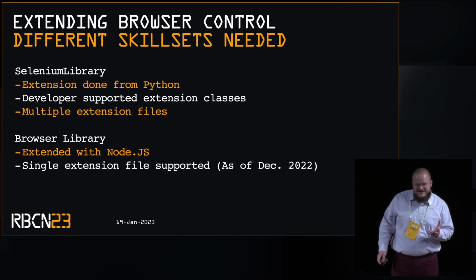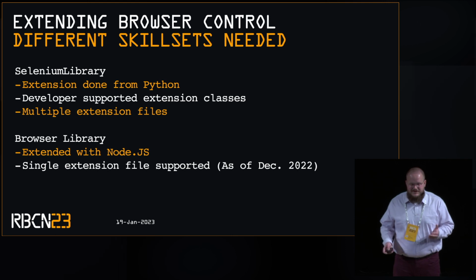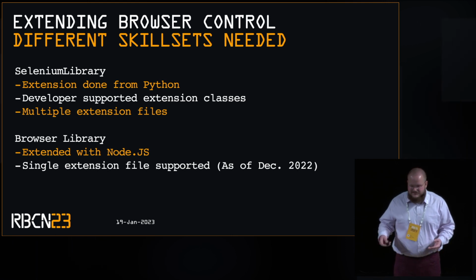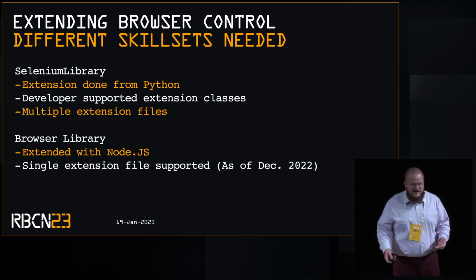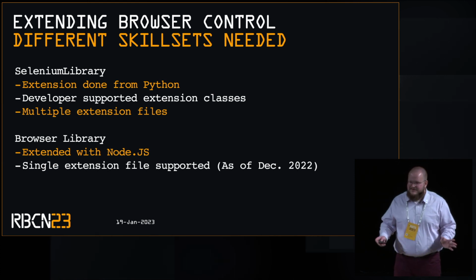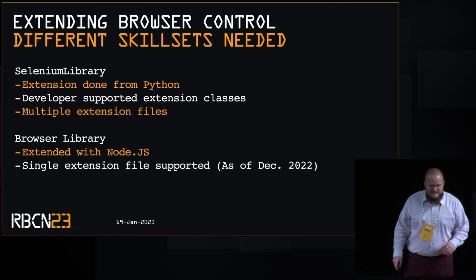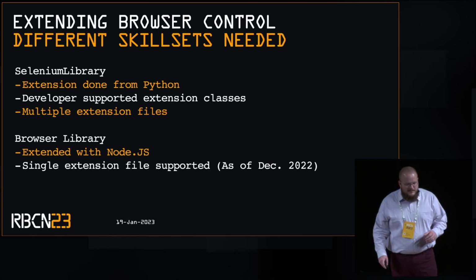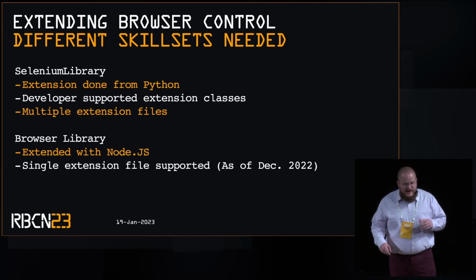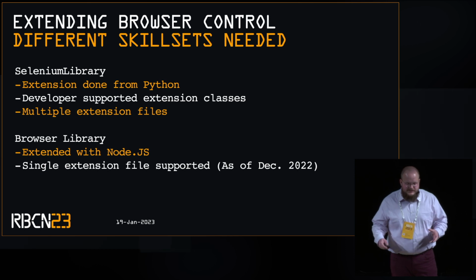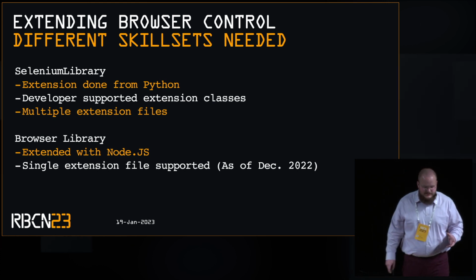Ultimately, you still often end up having to use some Node.js on the back end, as I learned in the advanced Browser Library workshop that I went to this week. But I think what this really speaks to is that Browser Library is getting active development, which is great to see.